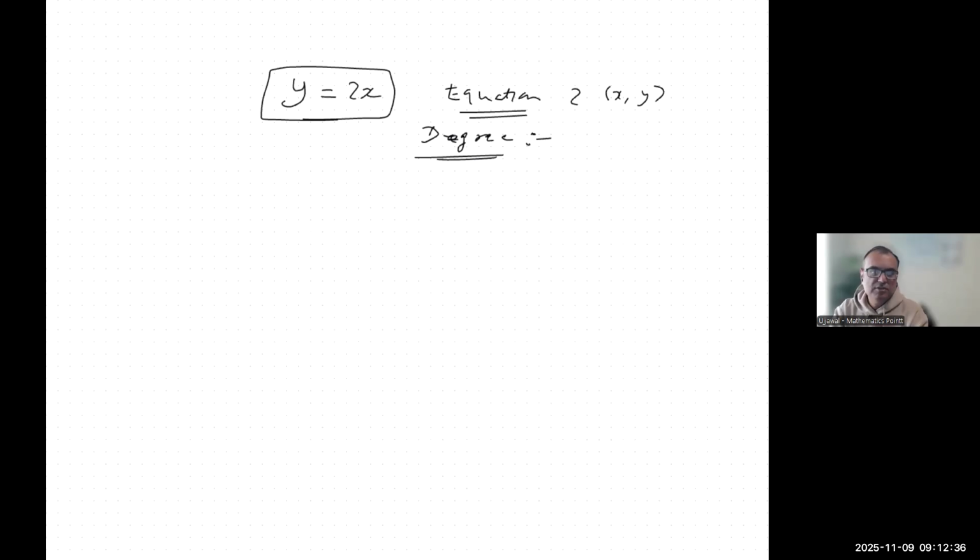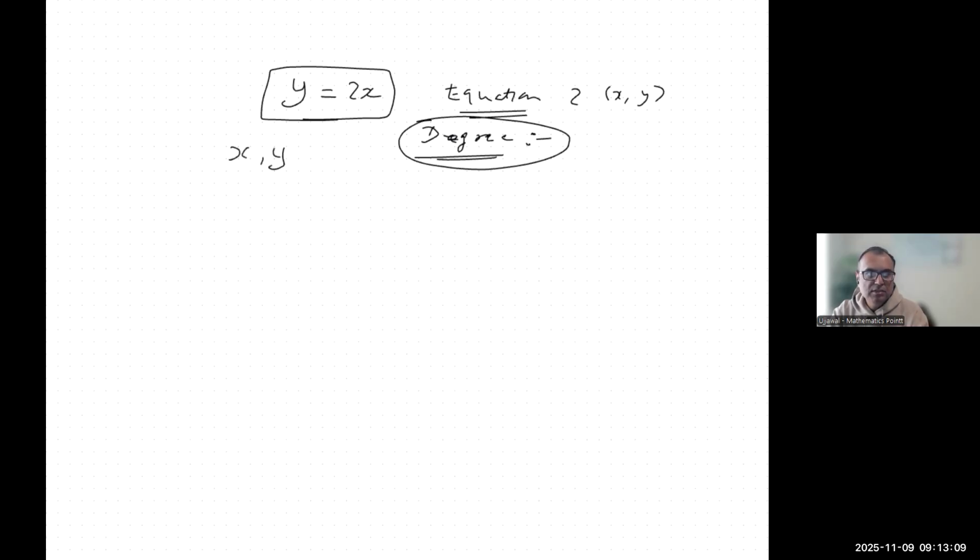And this is where revision comes into play. This was the very first topic that I covered in week 1: degree. Degree means the highest power of any variable in a particular equation. I have two variables, x and y.